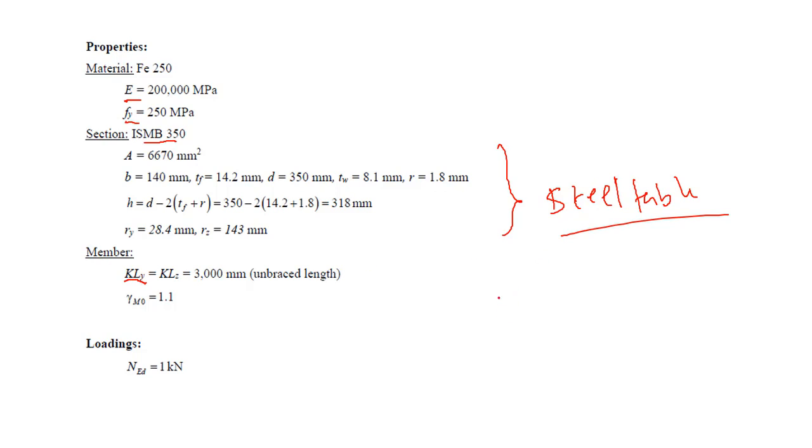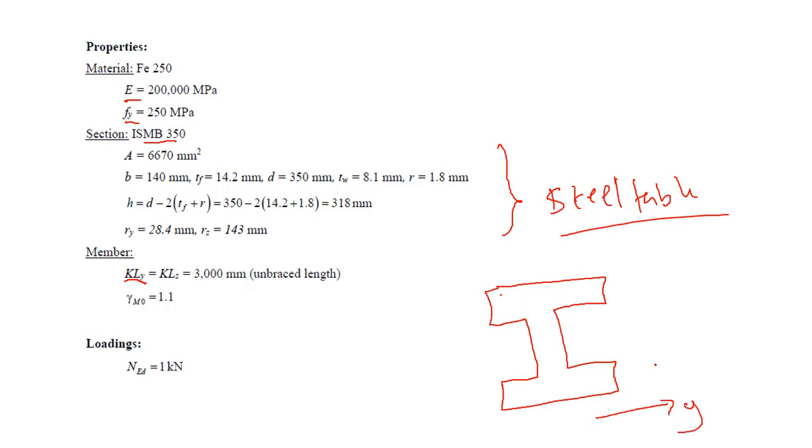If we take the top view of the I section, the local Y axis will be in the horizontal direction, the local Z axis vertical, and the local 1 axis runs along the length of the beam.